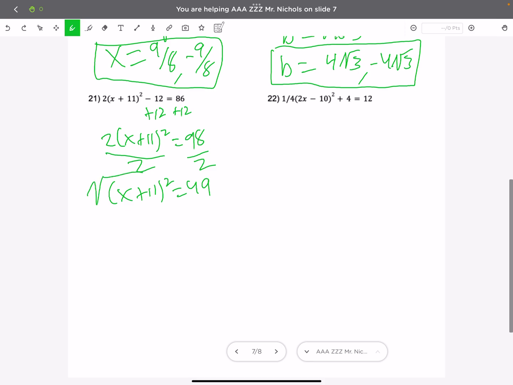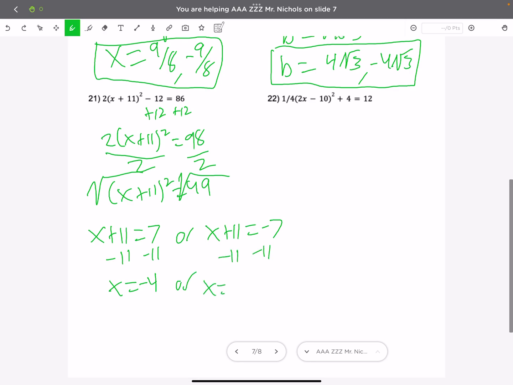So now I take square root. Now when I do this, remember, the square root of 49 is 7. So I would say x plus 11 is equal to 7, or x plus 11 equals negative 7, because this x plus 11 can equal either one. And then from here, I would just do minus 11, x is equal to negative 4. Or minus 11, x is equal to negative 18.